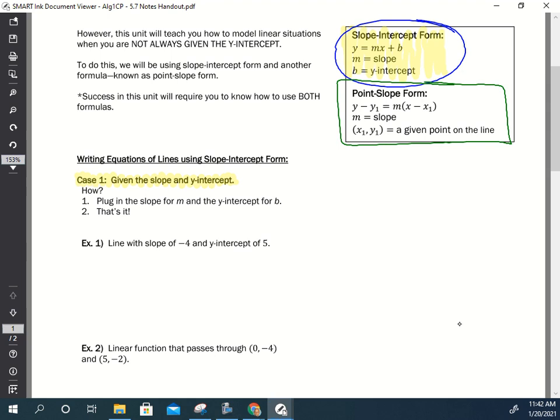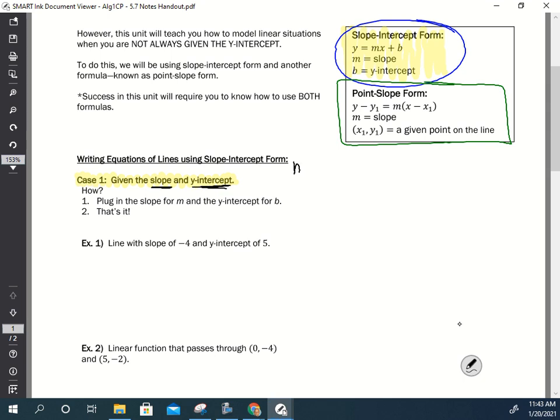So, first case. There are 3 cases that we're going to look at. The first case is the one that we did in the last unit, just to review how to do it. Case number 1 is if you're given the slope and the y-intercept.